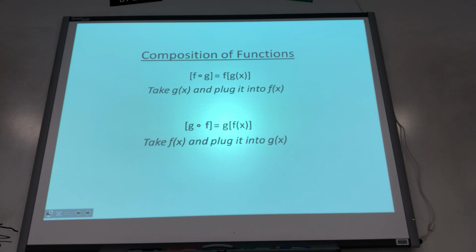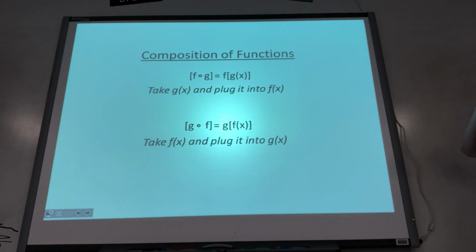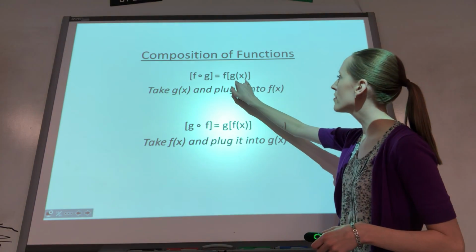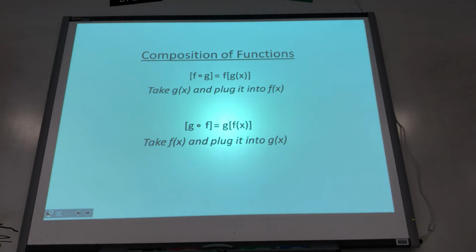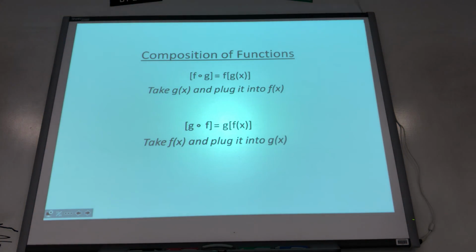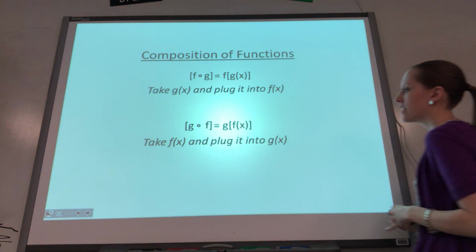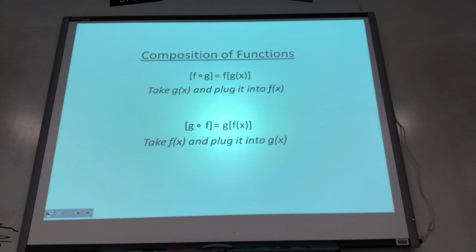Fog is f of g of x. And what that means is you have to take g of x, plug it into f of x. I think I told you in class you always start with the function on the inside. Now goth is the other way around, g of f of x. So now we take f of x and plug it into g of x.